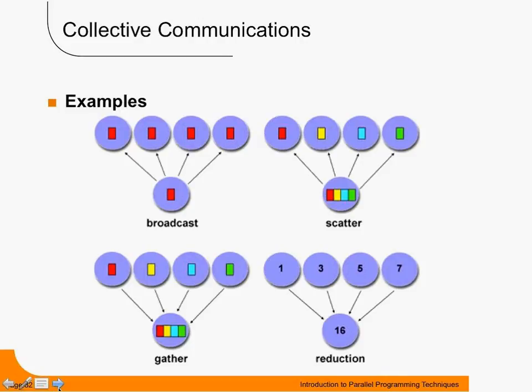And then there is how to broadcast the data and how to collect the data. This is communication where you have the data and you want to broadcast it to all the processes, or you want to scatter it to the different processes.